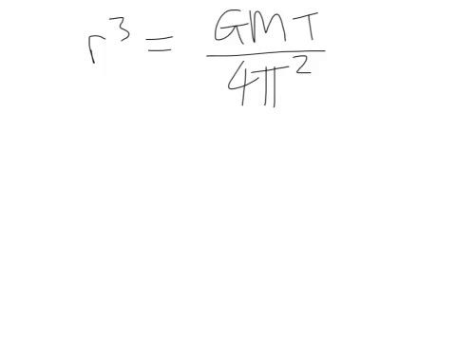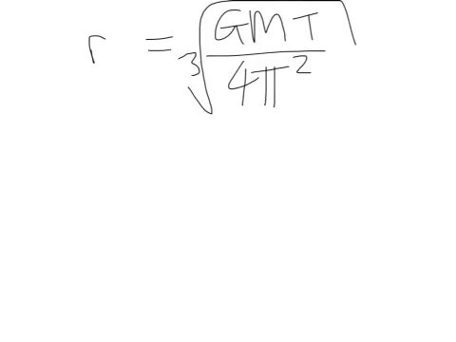So that's quite an expression. To find r, we need to take the cube root of the left side. So we can do that as follows. And with an eraser I can just rub off that cubed. There we go. So that's our final expression for R.